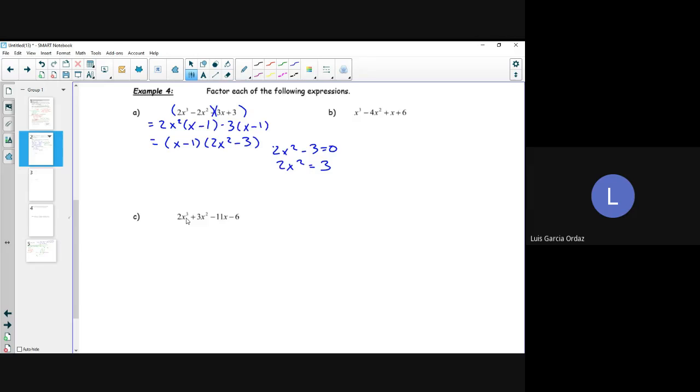And then what can we divide both sides by? 2. So we get x squared is equal to 3 over 2. And then square root. So we get x is equal to plus or minus the square root of 3 over 2.